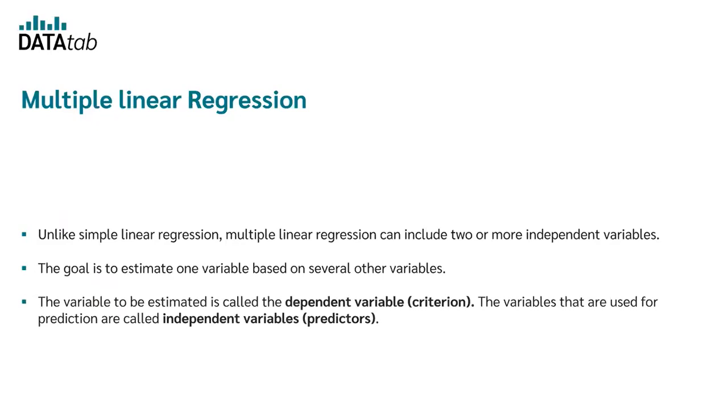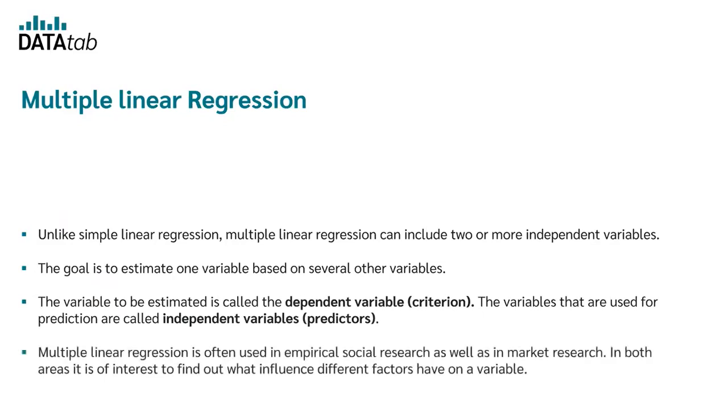The variables that are used for prediction are called independent variables or predictors. Multiple linear regression can be used to control for the influence of a third-party variable. It is often used in empirical social research as well as in market research. In both areas, it is of interest to find out what influence different factors have on a certain variable.